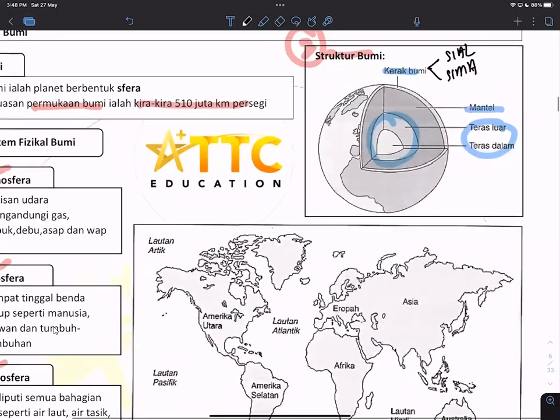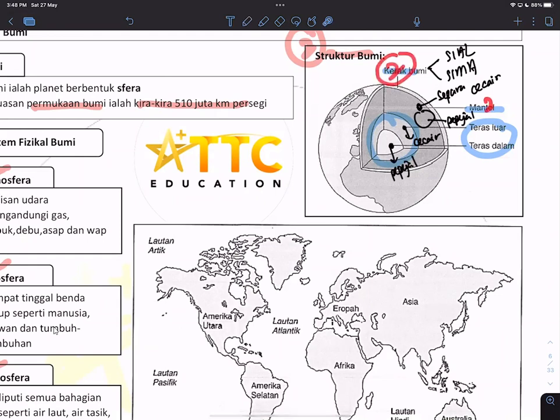So mantel, we also have 2 items. One item for mantel is para cecair. For the other bahagian of mantel, this is always solid, pepejal. For the teras luar, this is cecair. For the teras dalam, this is always pepejal. There are always 2 items for kerak bumi, 2 items for mantel, 2 items for teras bumi.